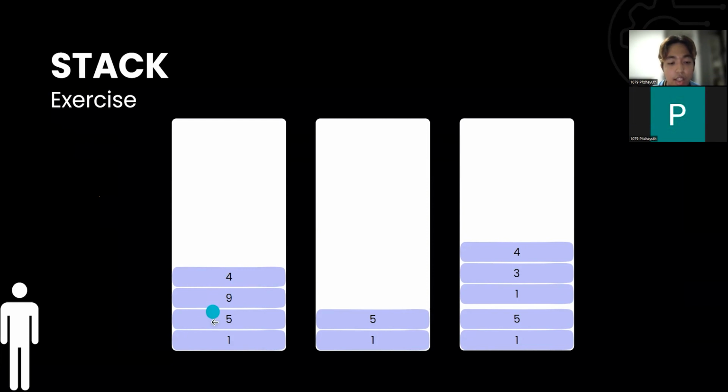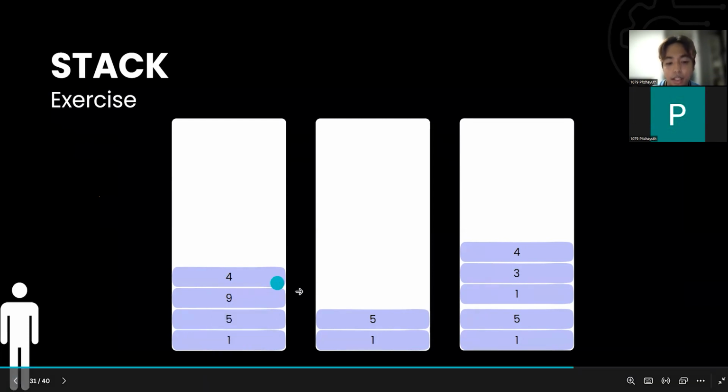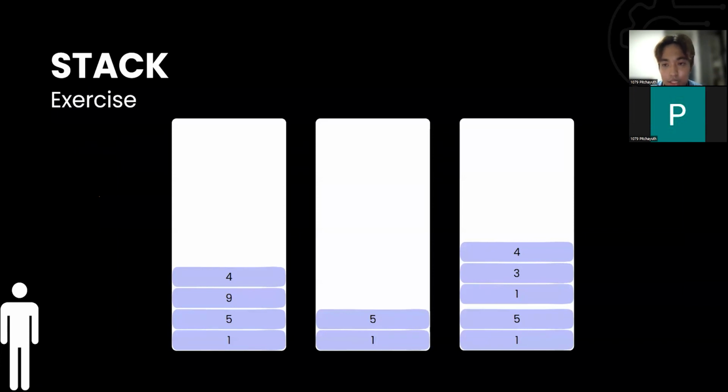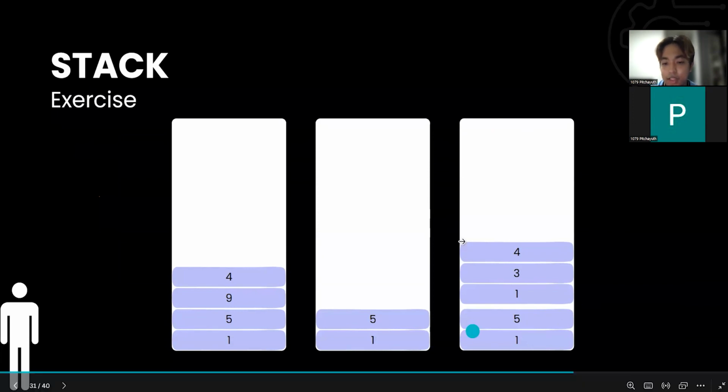So the stack after popping twice will be like this. And next, we will use the push operation to push 1, 3, 4 onto the stack. So we will add 1, followed by 3, and followed by 4 respectively.